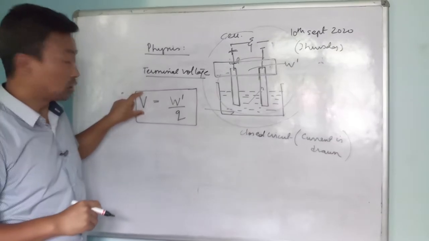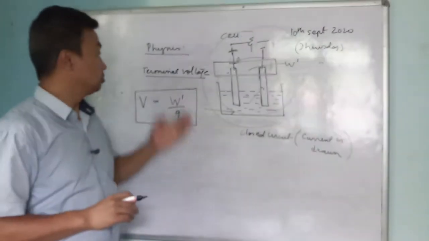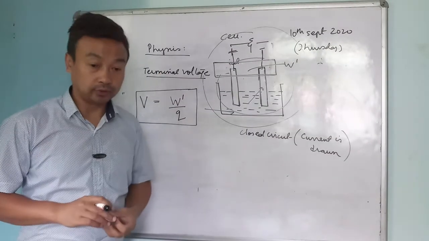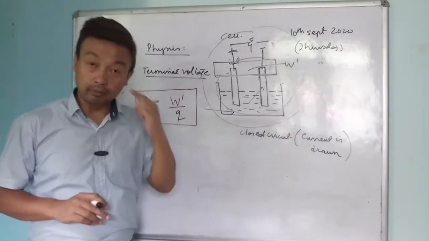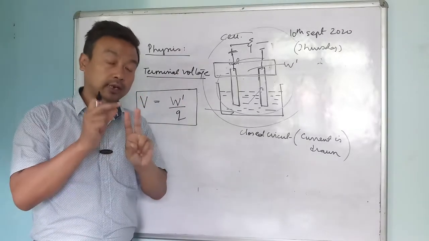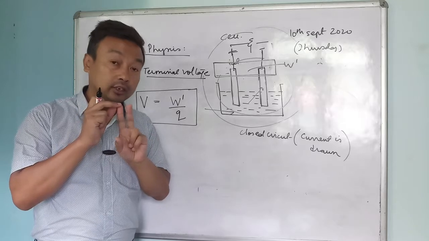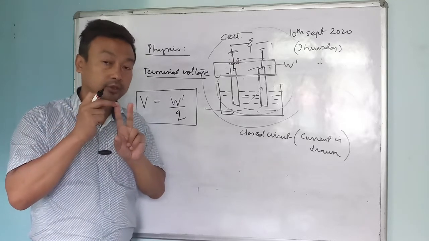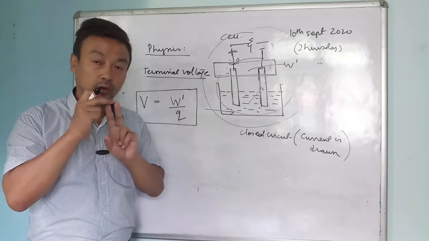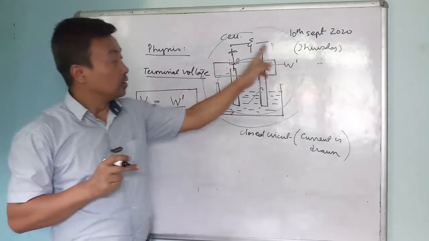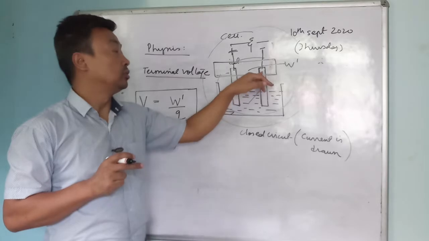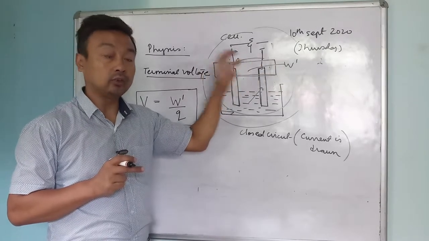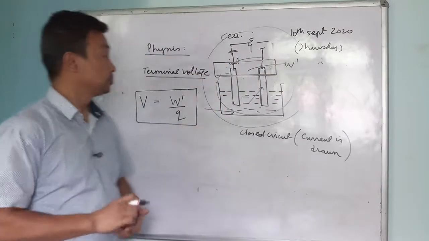Now since this terminal voltage is also a potential difference, the unit of this terminal voltage is also the volt. So here in the terminal voltage, just keep in mind 2 points. The first one is when the current is drawn from the cell, that means closed circuit, and the second is only in the external circuit of the cell. Okay, that means only in the external circuit of the cell, whatever is the potential difference.